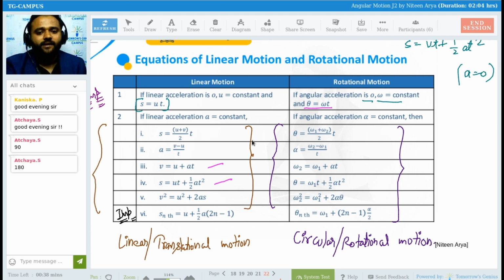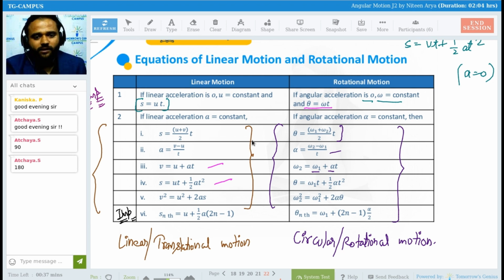If angular acceleration is constant, then theta equals (omega 1 plus omega 2) divided by 2 into time, and alpha is (omega 2 minus omega 1) divided by time. Omega 2 means the final angular velocity after a certain time, which is the initial angular velocity plus alpha into t, where alpha is the angular acceleration.